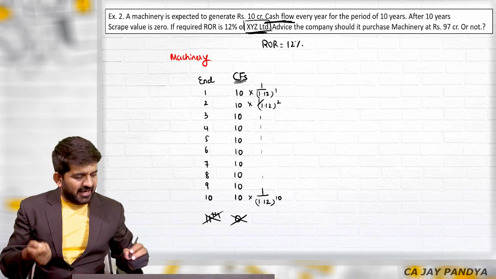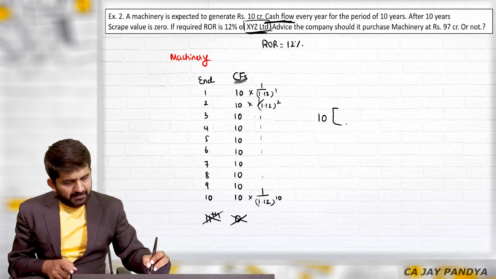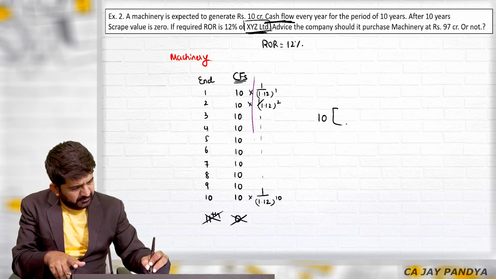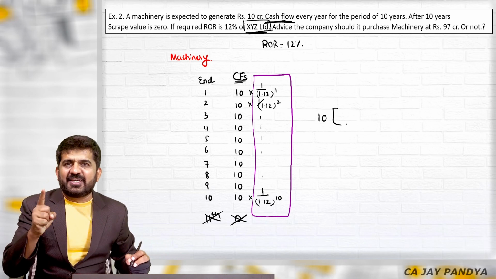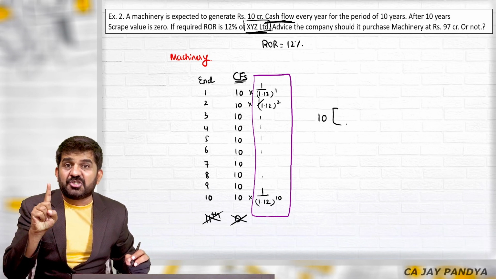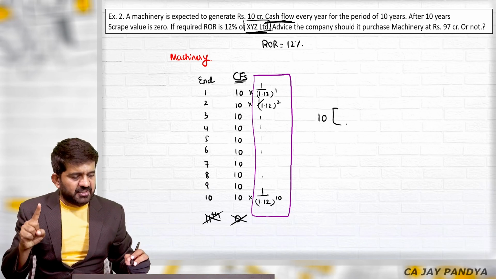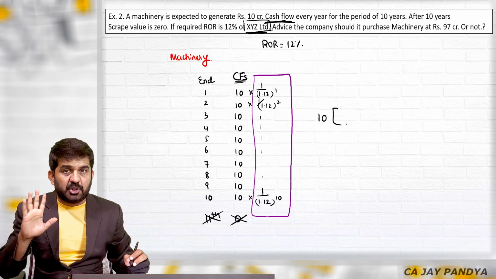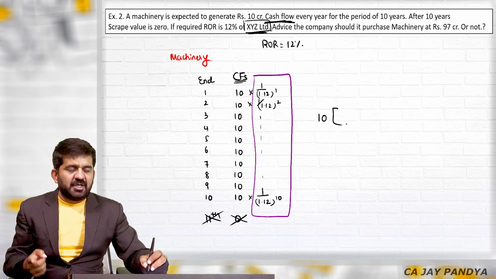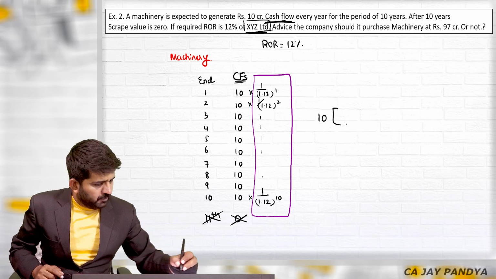What should be done? I will be taking 10 common. I will be adding everything in my memory. If you are having a calculator, you can use GT. How to do it? 1 divided by 1.12 is equal to, 10 times GT multiplied by 10. You will be getting the answer for that particular point.